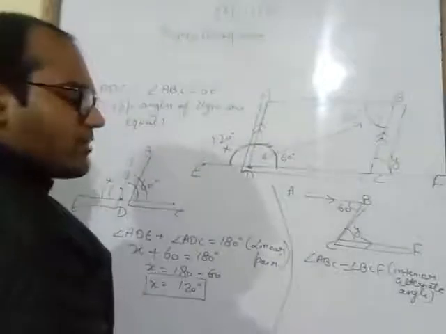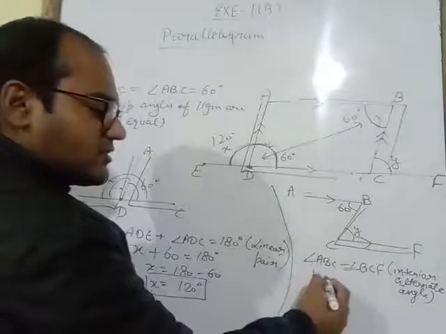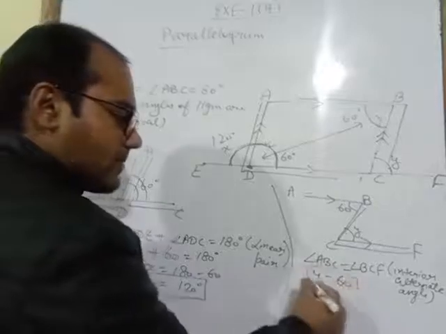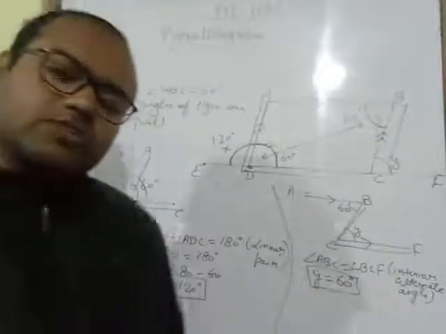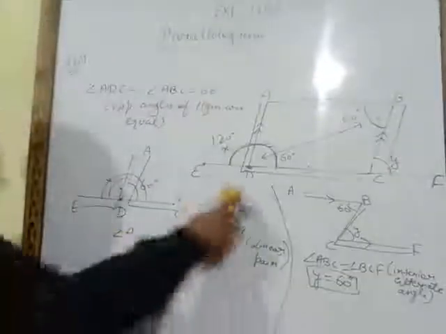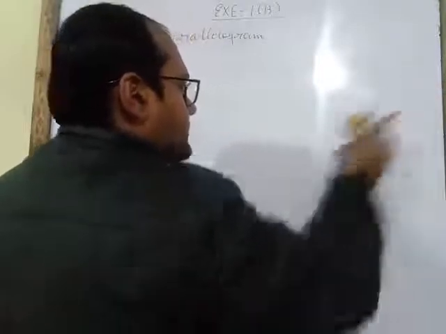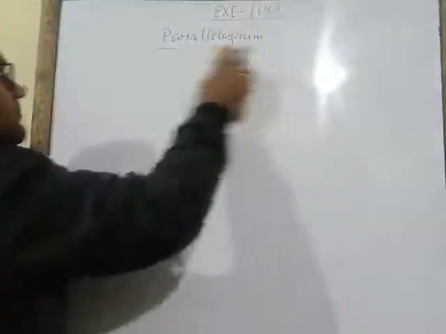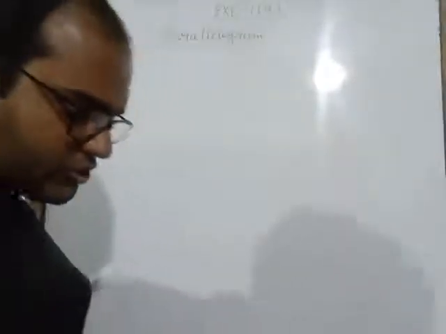So from here we got the answer of y. The y answer is 60. So like this you have to do question number 9 first part. Now see question number 9 second part also. The figure is given in the question.